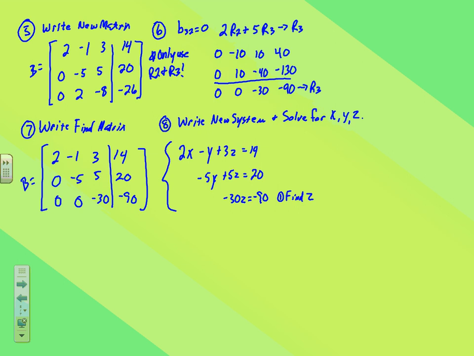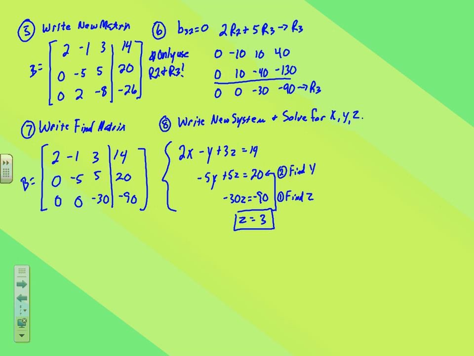And the way I'm going to find z is just divide both sides by the negative 30. So negative 90 divided by negative 30 is 3. So we have that. Now I'm going to take that and stick it into that second equation to find out what y is.